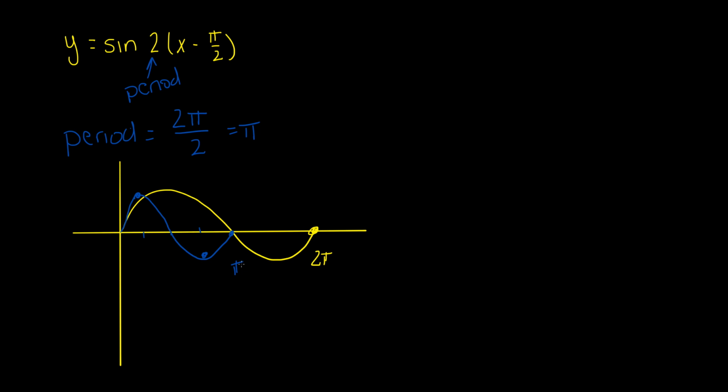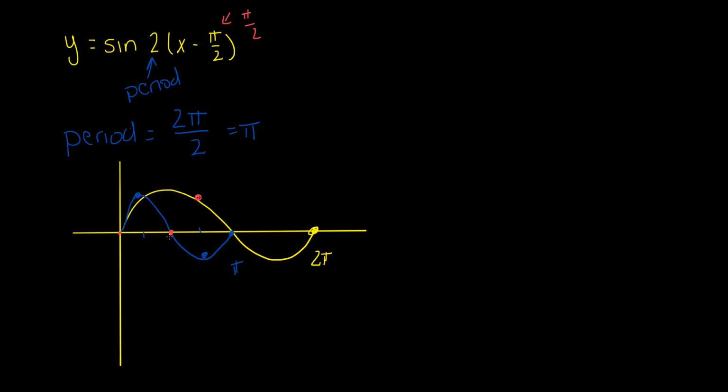And then our phase shift comes into play. Now we're moving my graph over by pi over 2, or my phase shift. So this right here is pi over 2. That means this point right here becomes the beginning here. So we just moved it pi over 2. We're going to move this guy over pi over 2, which is here roughly.